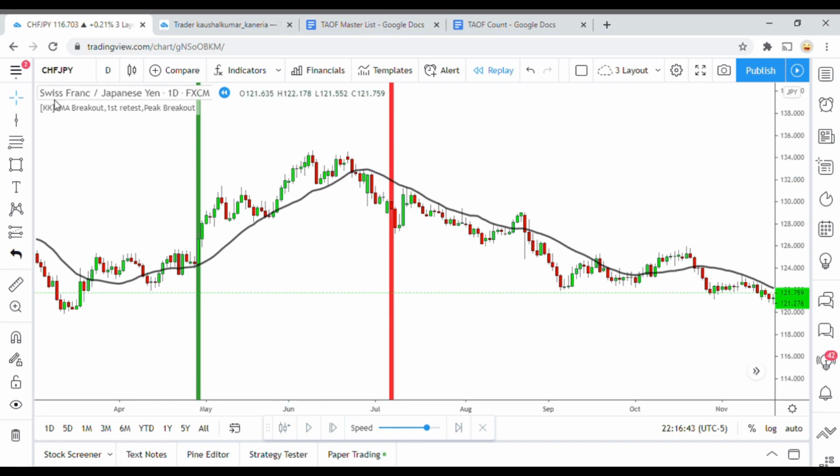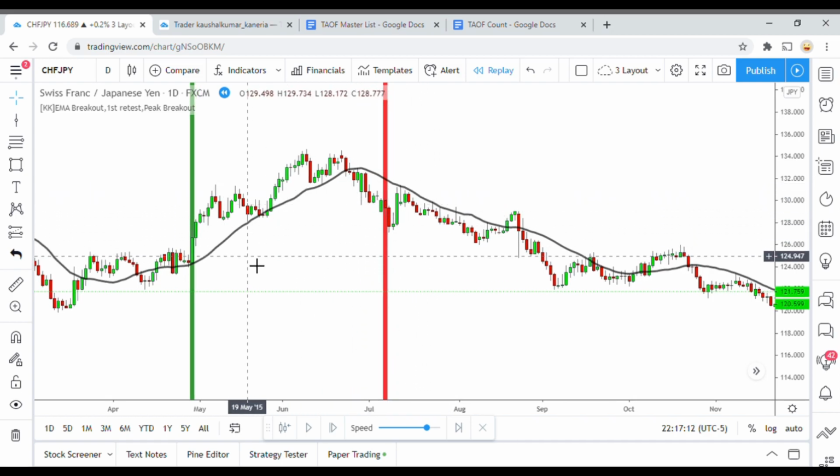Once it does that, that is the first retest. And now what the indicator does is it waits for price action to break below the lowest point after the first retest takes place, or I guess while the retest takes place is a better way to explain it.